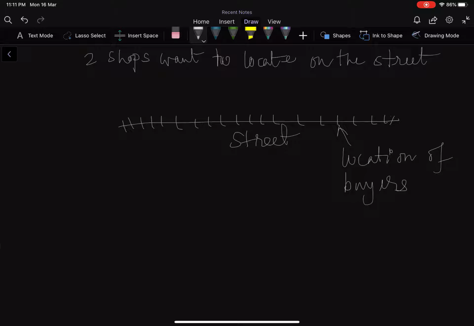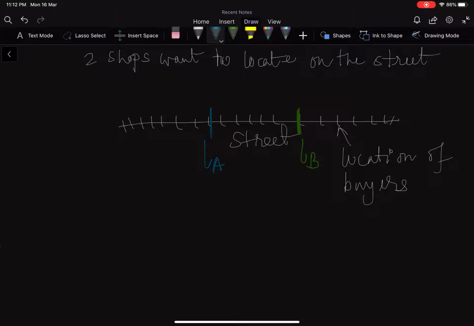Suppose there is a shop A located at LA, the location of A, and a shop B located at LB. By the same logic as before, what is the motivation of buyers to choose between shop A and shop B? For them distance is costly, so they want to go to the shop nearer to them.